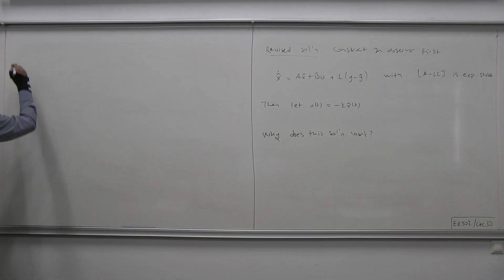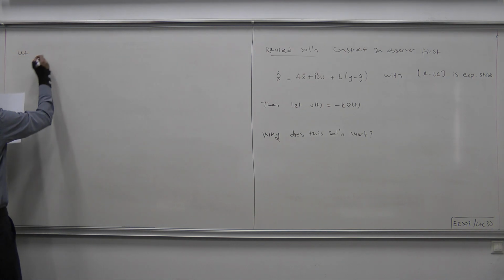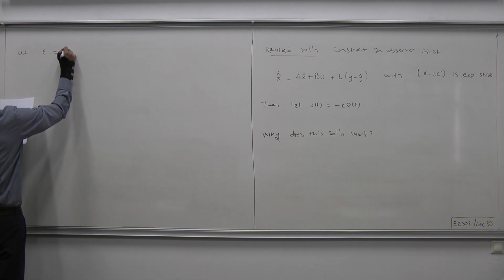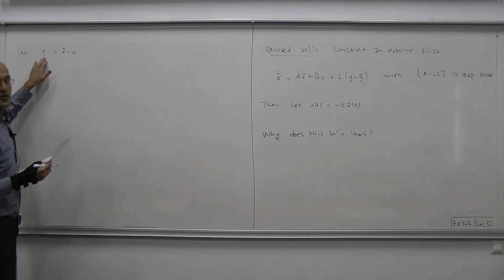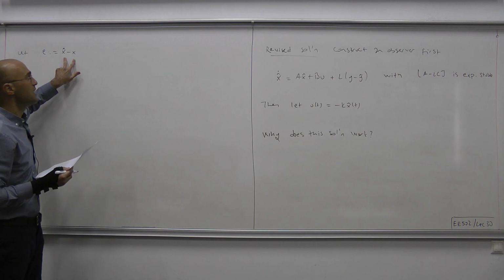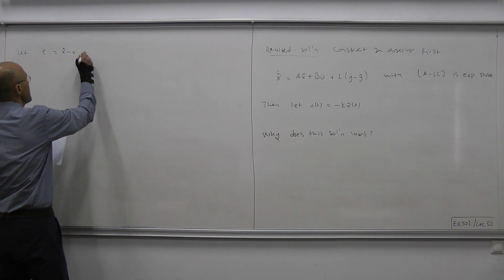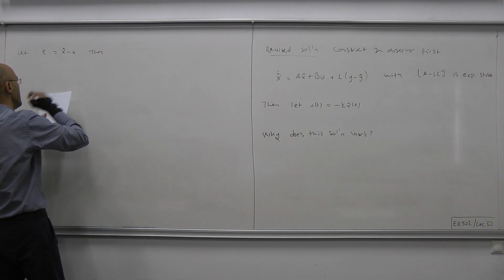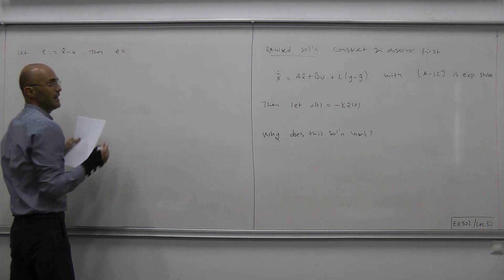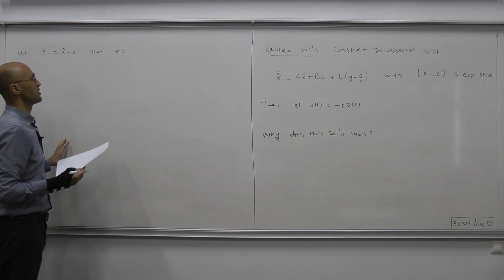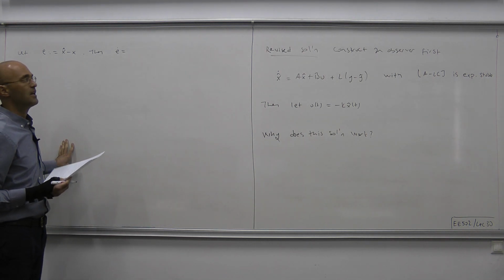Okay, so as before, we stick to the notation, e being x hat minus x. So this is our error signal, and it's the difference between the estimated state and the actual state. And we have shown in the previous hour that the dynamics of the error are driven by the A minus LC matrix.